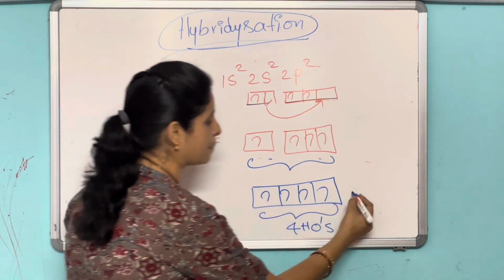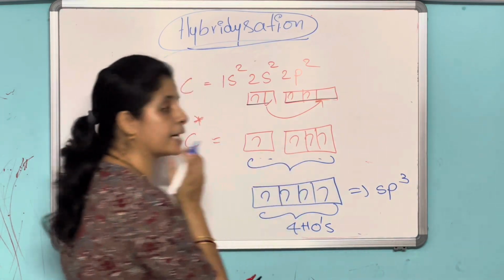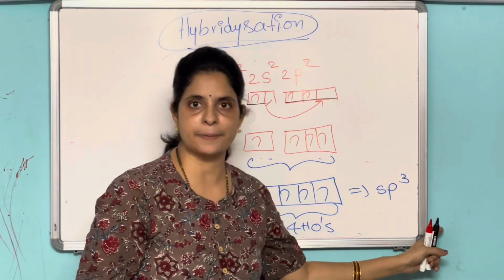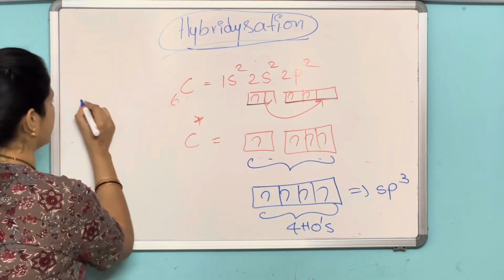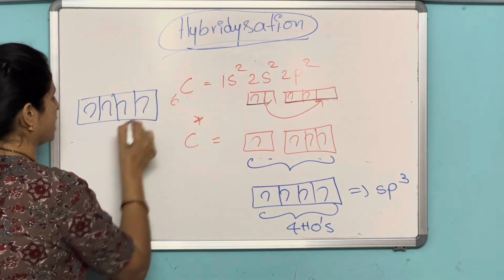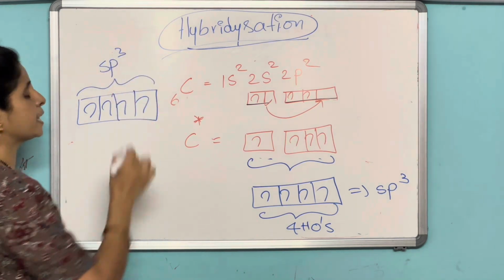So what is the hybridization here? It is sp3, because one s orbital and 3 p orbitals are involved in the hybridization. So it is sp3 hybridization. Okay. Now these are 4 hybrid orbitals of the carbon atom. What are these hybrid orbitals?